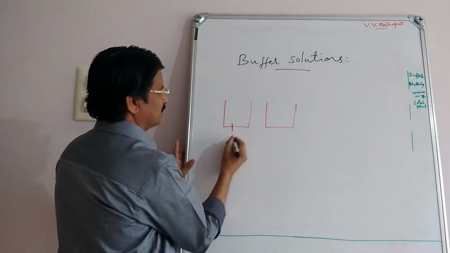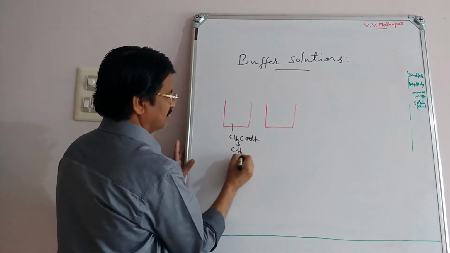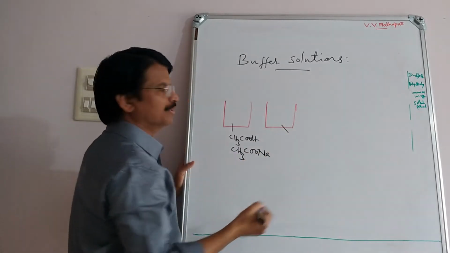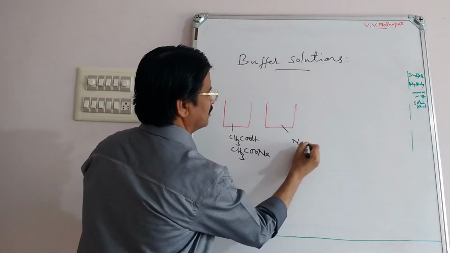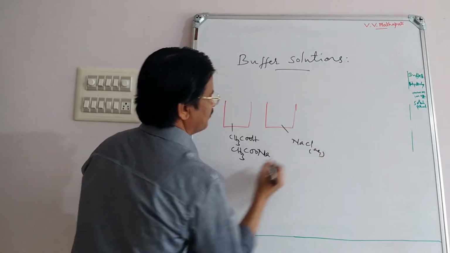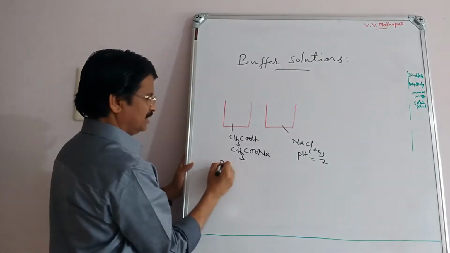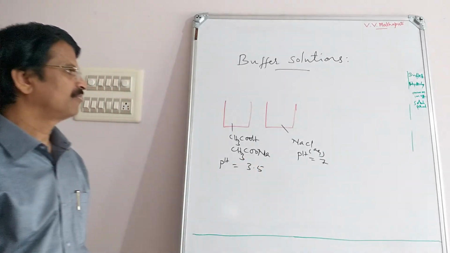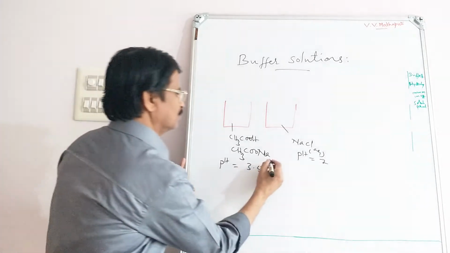In one beaker, acetic acid and sodium acetate. Another beaker, NaCl aqueous. Its pH value is 7, and the other's pH value is 3.5. All these are in aqueous solution.